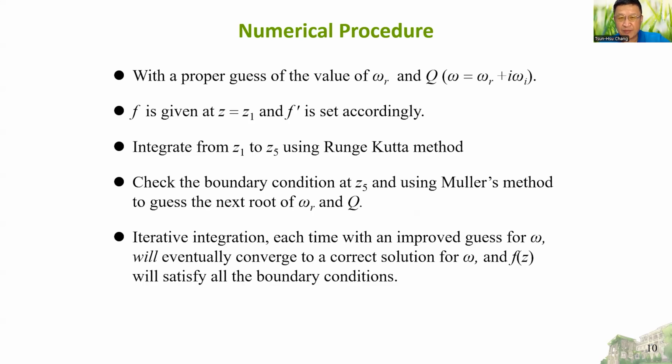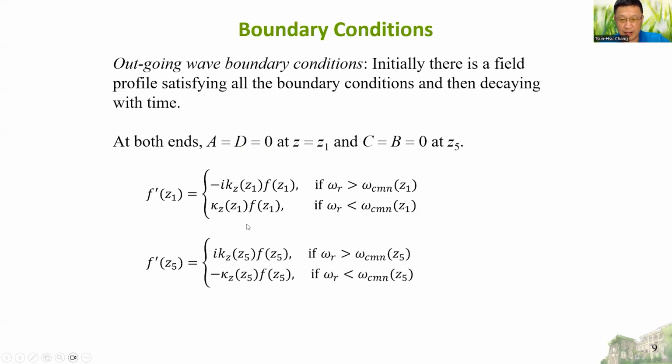And then f is given at z equals z1. Therefore, f prime is set accordingly, according to this one. Once f of z1 is determined, f prime of z1 is also determined.